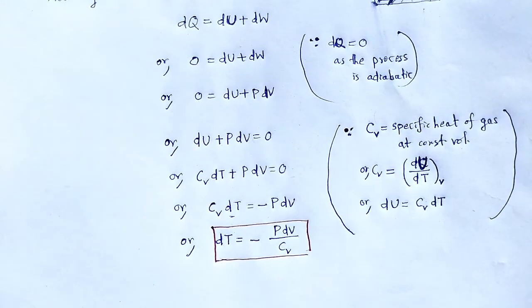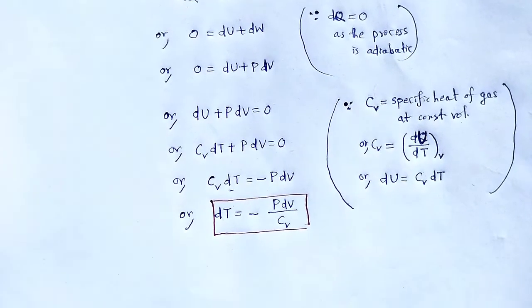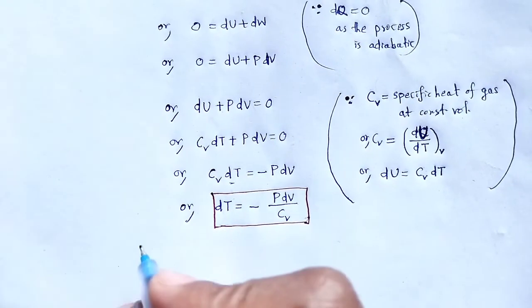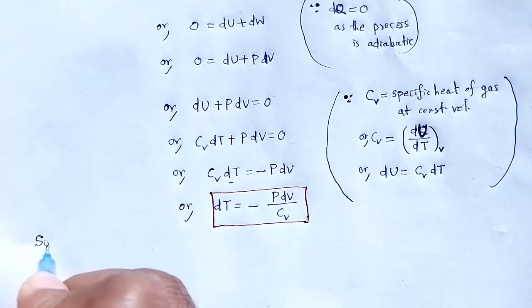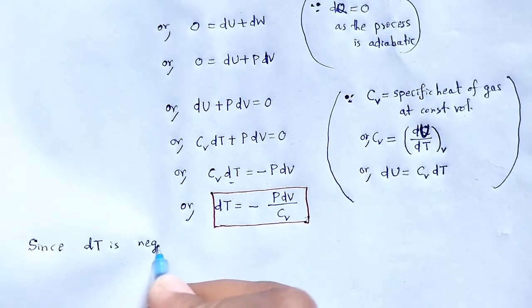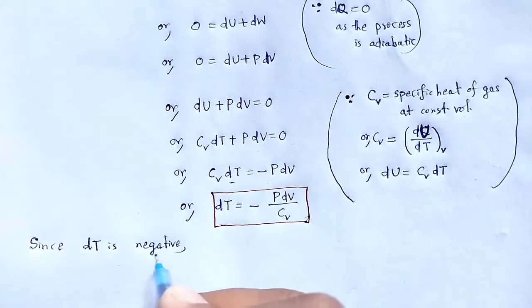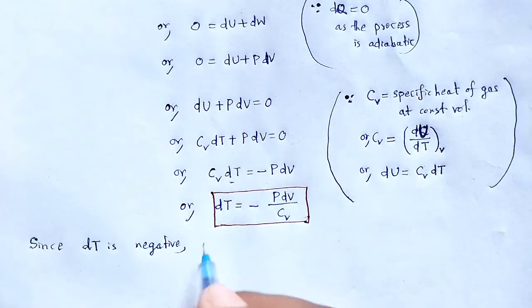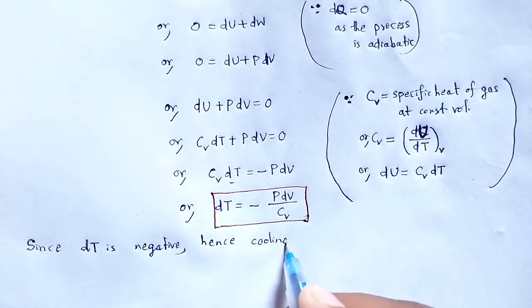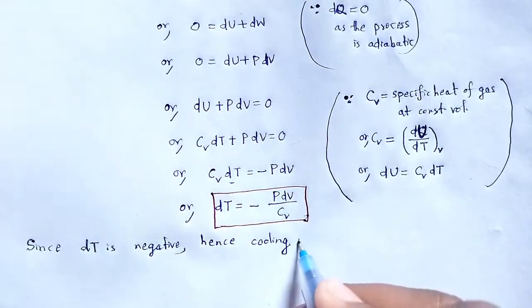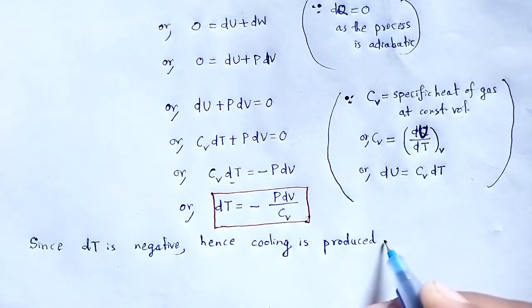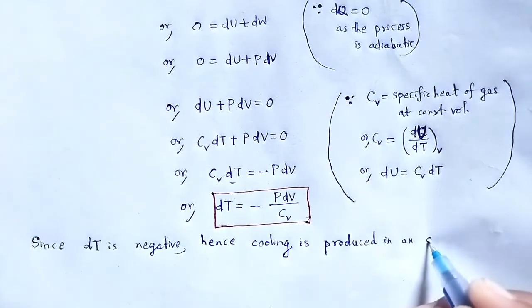The negative sign indicates dT is negative. What is the significance? Since dT is negative, hence cooling is produced in an adiabatic process.